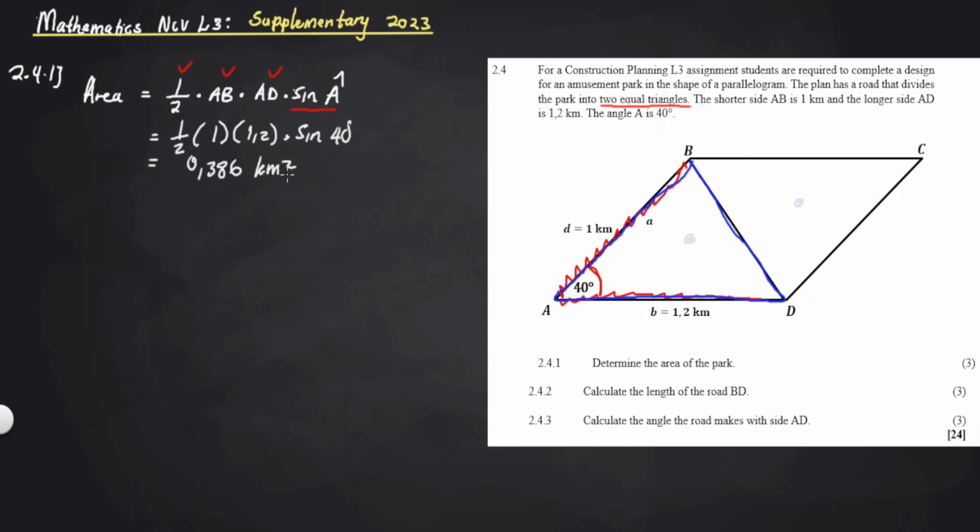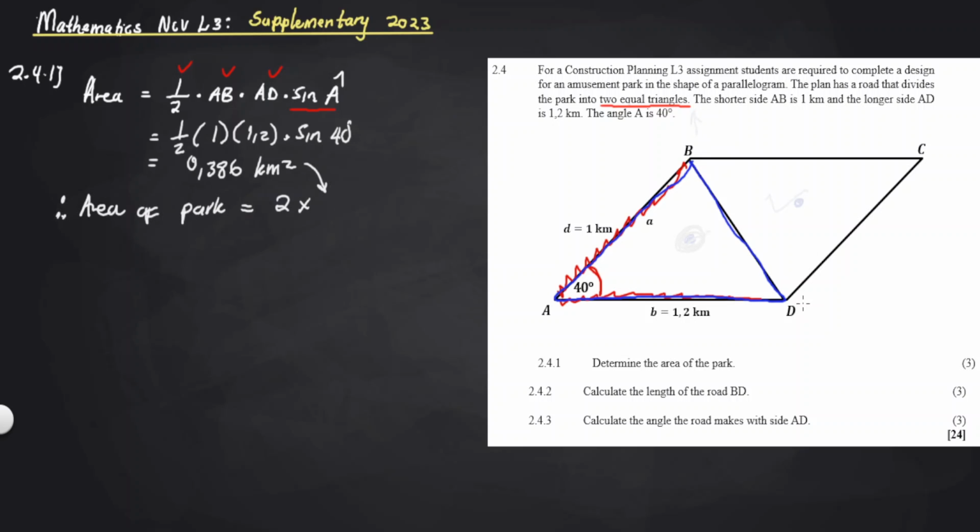All right. Now, that is the area for the triangle ABD. Remember the underlined statement above: the triangles are equal. Therefore, the area of the park is going to be equal to 2 times this area, because this area is equal to this area.